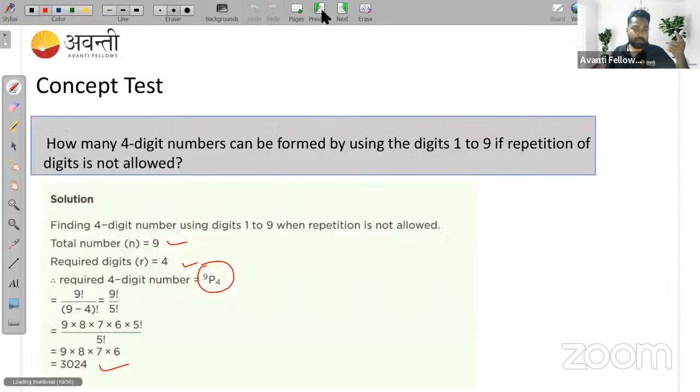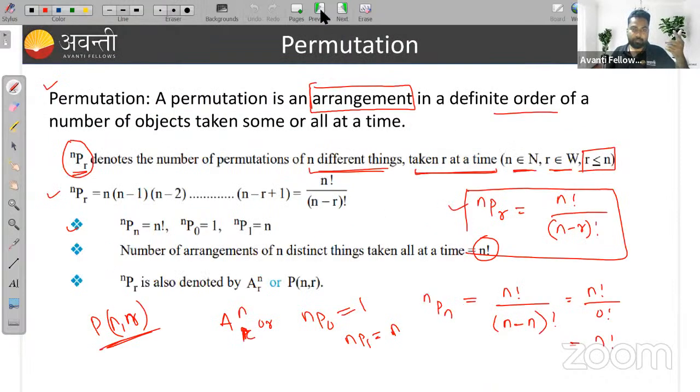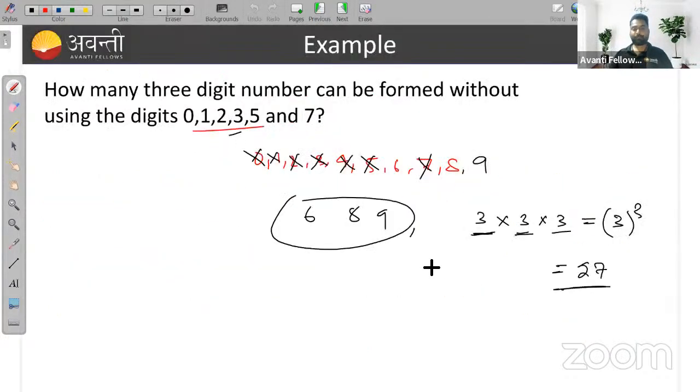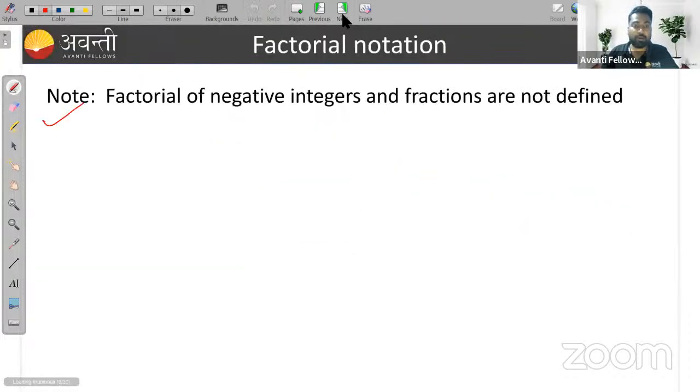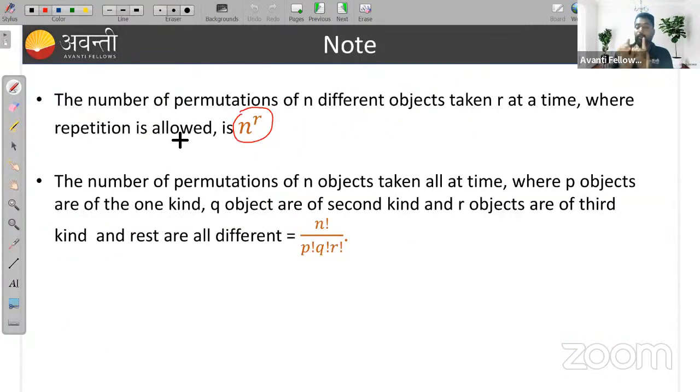Such types of questions can be solved by this, and you need to remember this. The number of permutations of n different objects taken r at a time where repetition is allowed will be n raised to r.